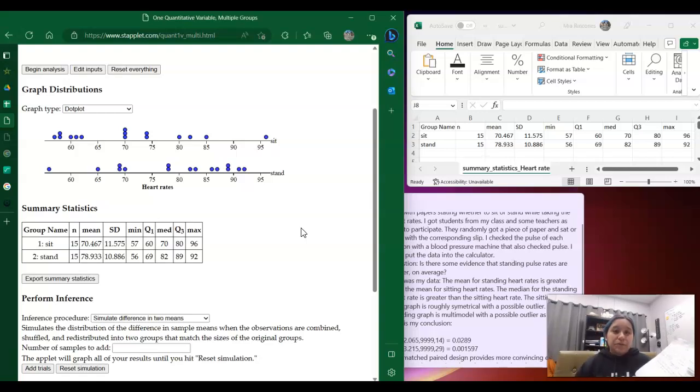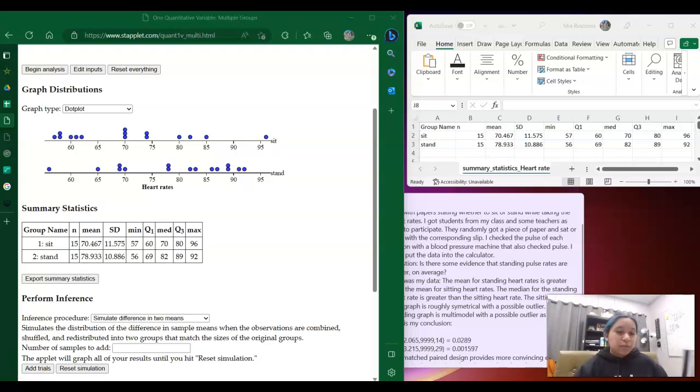Well, when you're standing, you have a higher pulse rate than when you're sitting down. You might feel calmer, more at rest, when sitting than when standing. That's really what it means in a real life situation, in terms of grasping what rejecting the null hypothesis is and what we have convincing evidence for.